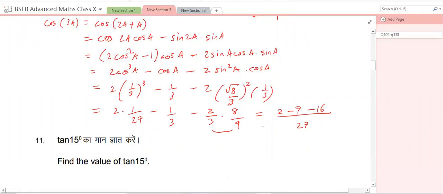Now, minus 9 minus 16 is minus 25 plus 2, which is minus 23 over 27. And that is the value of cos 3A is equal to minus 23 over 27.